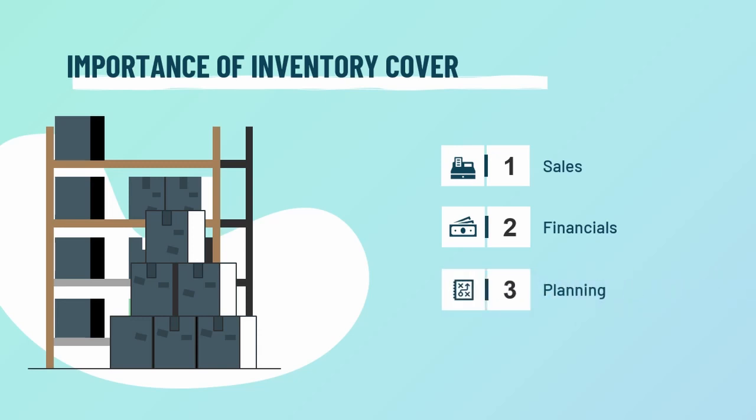Thirdly, it's an important tool for planning. Like so many things in business, the reason weeks on hand matters to most businesses is because it shows them where they may be spending more money unnecessarily or losing money thanks to poor inventory management. That alone should be more than enough reason for a retailer to make sure that the weeks on hand number is appropriate.